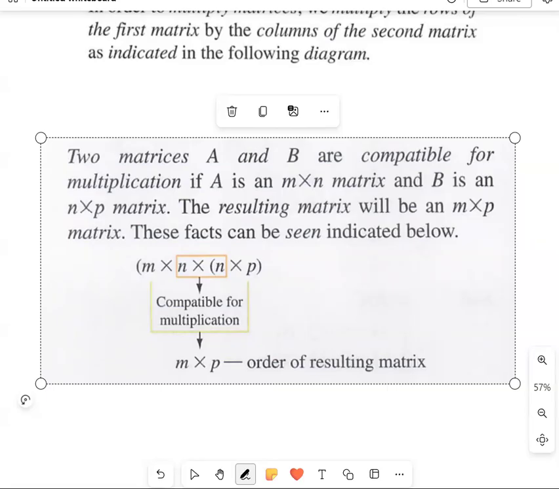If I give you 5 by 6 multiplied by 6 by 10 and ask what the order of the resulting matrix is, you can't make up matrices and multiply. You have to know that if m by n is multiplied by n by p, the result will be an m by p matrix.